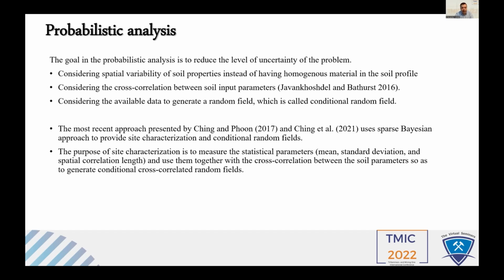So basically, it measures the mean, standard deviation, and spatial correlation length, and gets the cross-correlation parameters, and at the end gives you a cross-correlated conditional random field, which is the goal for engineers, because they have CPT data, they don't know what their mean, standard deviation, and parameters are, and they use this code and our software to just get the random field. And that has a lot of practical value, and we are trying to make it practical for engineers. We are trying to make spatial variability analysis more practical.